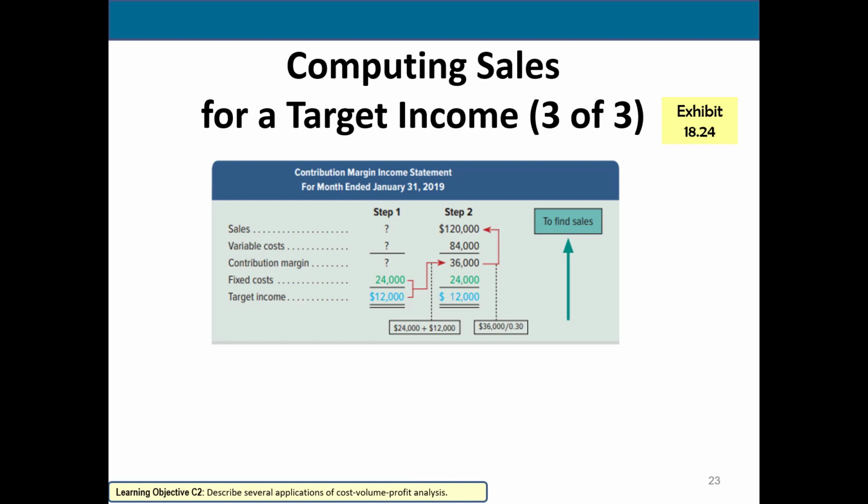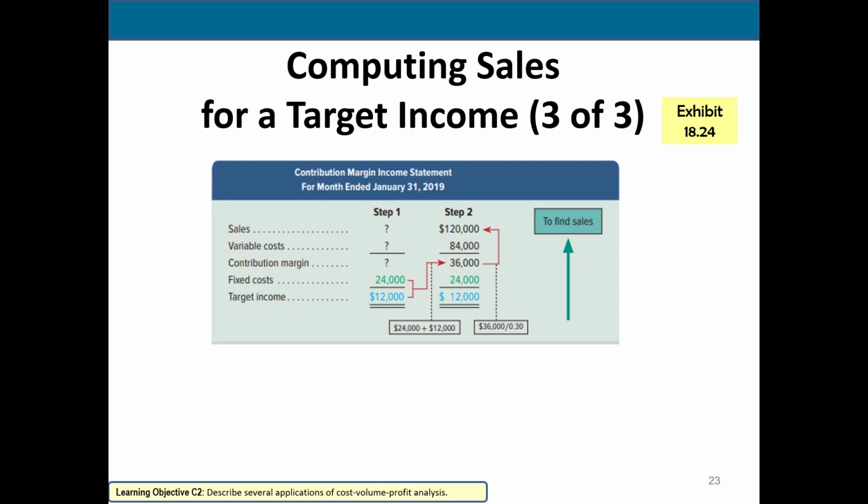So now we have $36,000 in the contribution margin row, and with a contribution margin ratio of 30%, sales must be $120,000, which is $36,000 divided by 30% or 0.3. So then we enter $120,000 in the sales row and then solve for the variable cost.